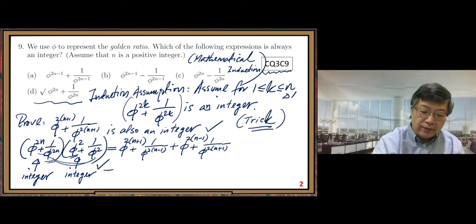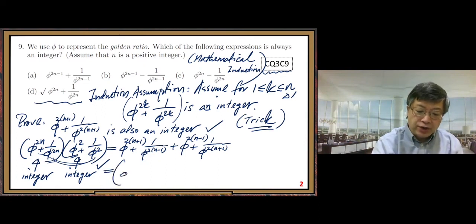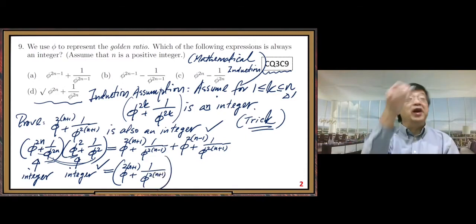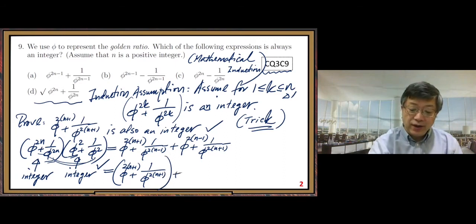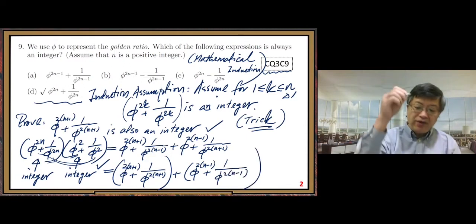So we get the first parenthesis, phi to the 2 times n plus 1 plus 1 over phi to the 2 times n plus 1. Okay? They are related terms. The second one, phi to the 2 times n minus 1 plus 1 over phi to the 2 times n minus 1. Parenthesis.